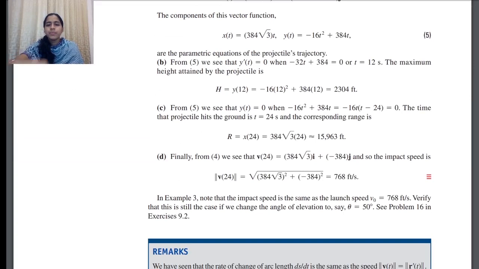So what will be the value? v of 24 will be 384 root 3 i plus minus 384 j, and the magnitude would be the square root of 384 root 3 whole squared plus minus 384 whole squared, and the value is 768 feet per second. So that will be the speed of the projectile, or the impact speed of that particular projectile.